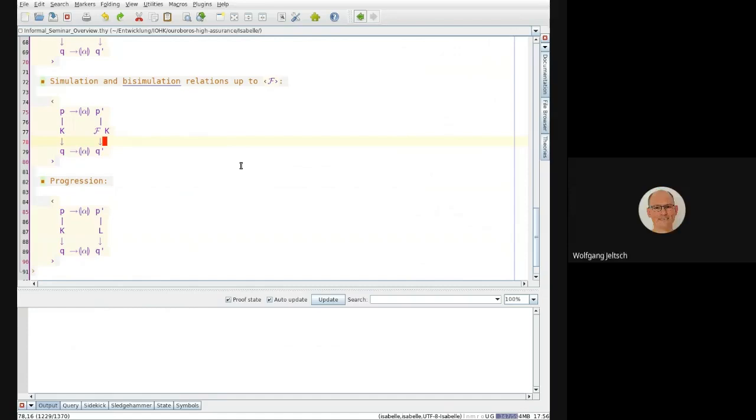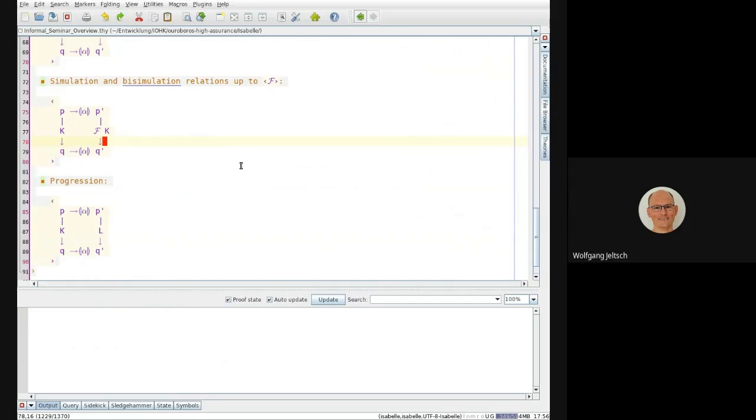Well, I think the fact that the simulating transition is included in the original transition is probably really necessary for transitivity to hold. And that the original transition is included in the simulating transition is probably really necessary for reflexivity to hold. It's just that here we combine the two and say original and simulating transition must be the same.